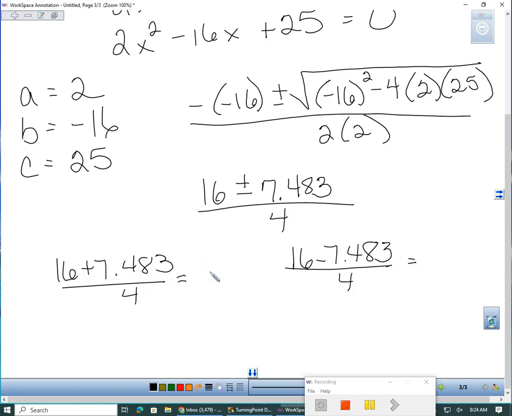Good. 5.87 is our first answer. All right, let's find the next one. This one I got 2.13 if we're rounding.